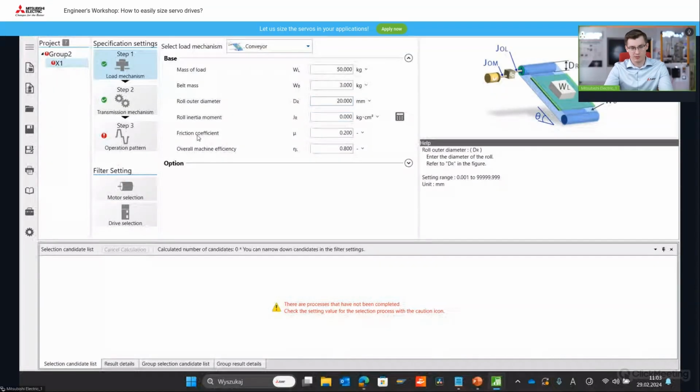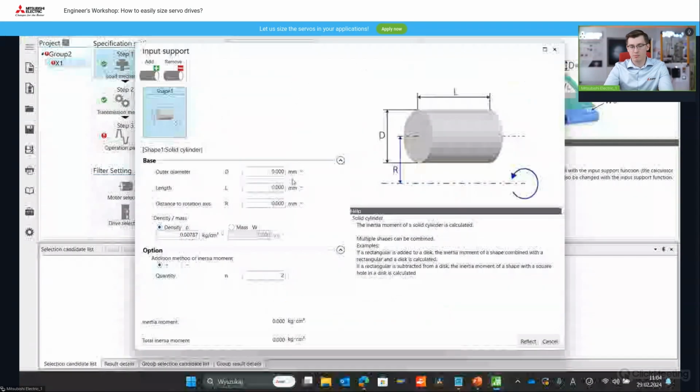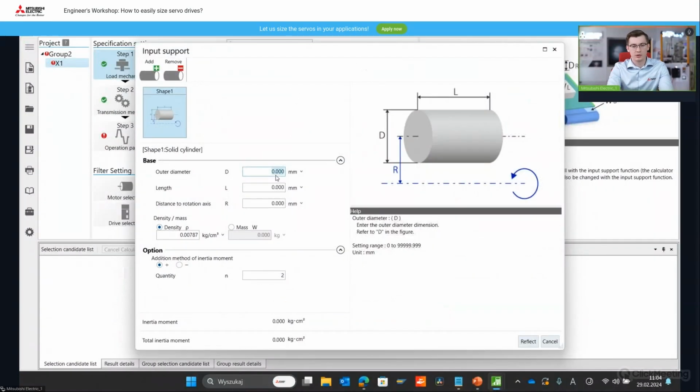And then roll inertia moment. As I said, the inertia moment of the load will be calculated, but we also have to calculate the inertia moment of our mechanical system. If we have this value from designers, we'll just write it down, or we can calculate it using this calculator. So basic, yes, for us it is the basic figure.